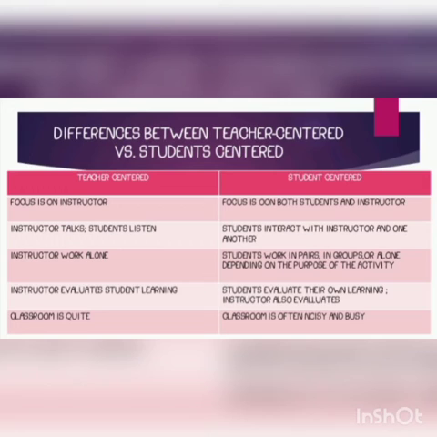So, sa student-centered naman, student evaluates their own learning. Yes. They can also evaluate themselves, no? Pwede din naman na ma-evaluate nila ang kanilang own learning. Instructor also evaluates. Okay, they are both pala na nag-evaluate ng kanilang learning.